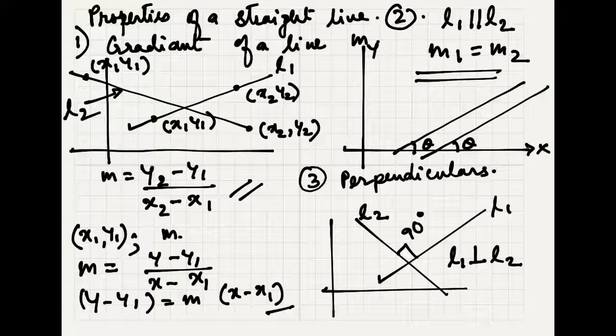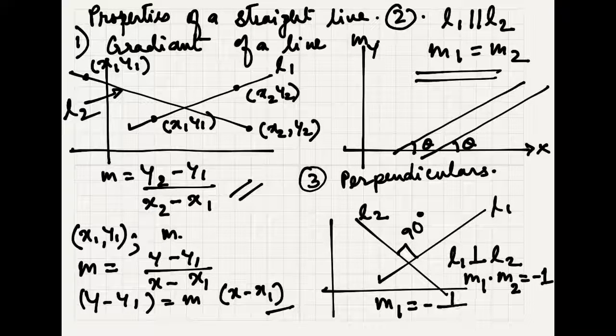The multiplication of the gradients of these two produces minus 1. So the product of the two gradients is minus 1, or m1 equals minus 1 by m2. If this situation arises, we can say the two lines are perpendicular to each other.